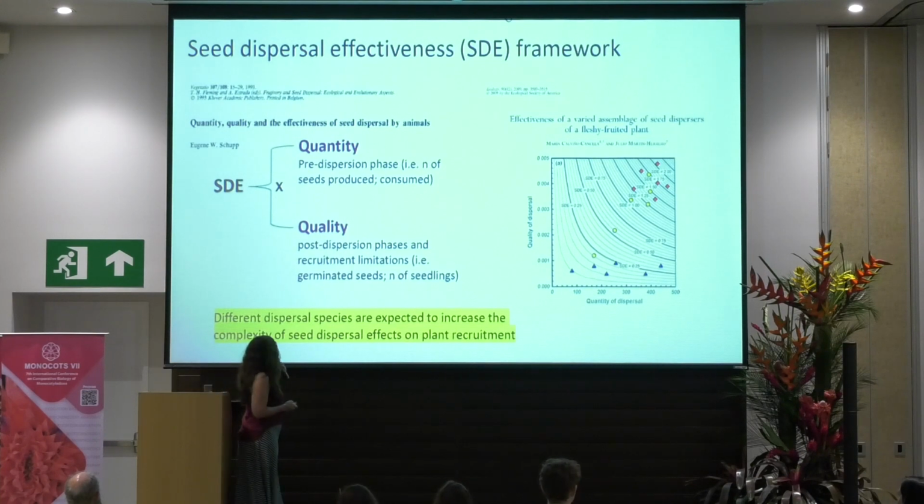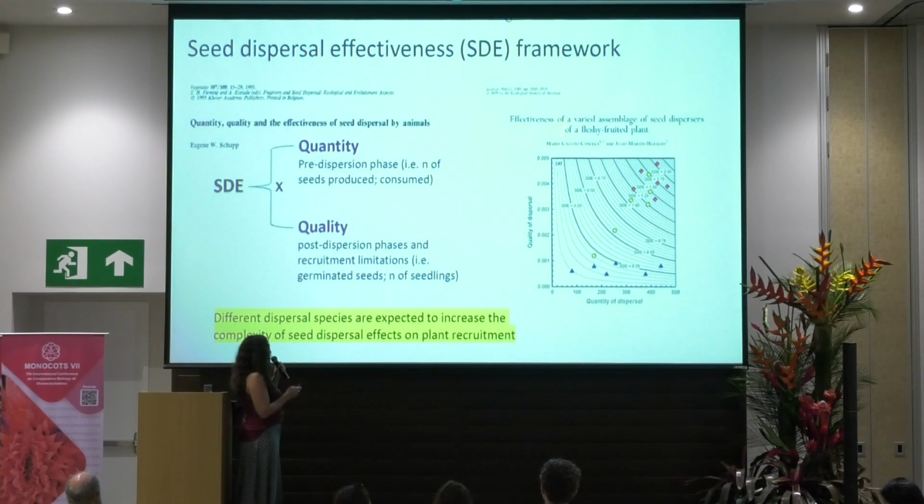We put in a plot the quality of dispersal, that is the post-dispersal phase, so once the removal happened, what happens with the seeds, the recruitment, and also the quantity of dispersal, which means the number of seeds that are removed from the plants or from the ground in the second phase.